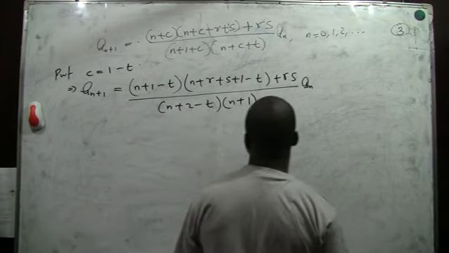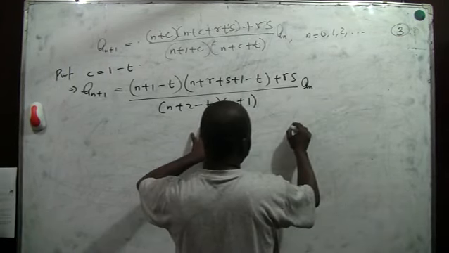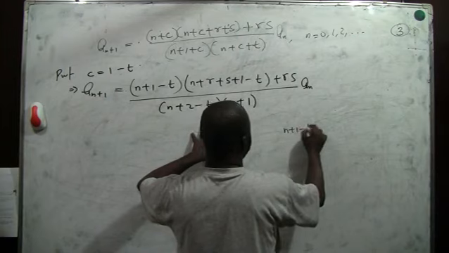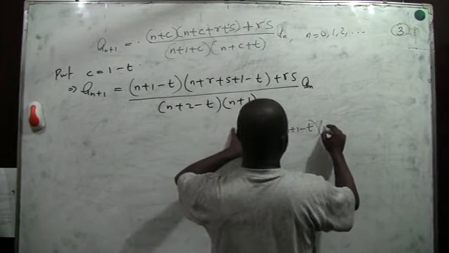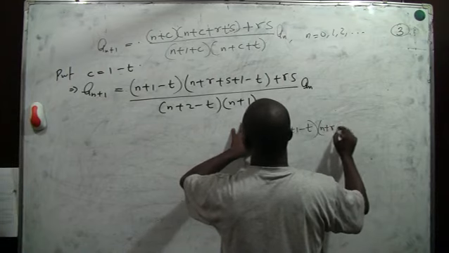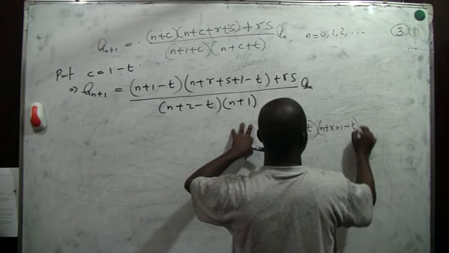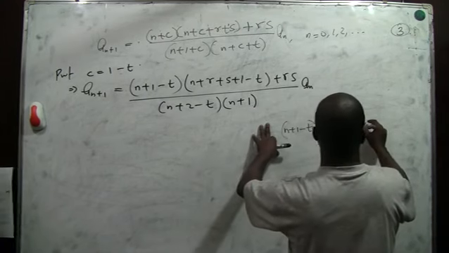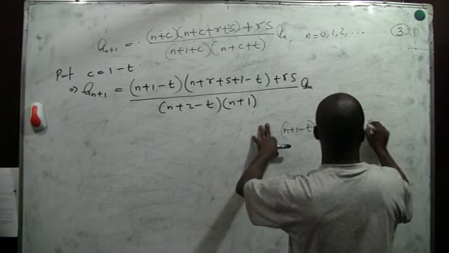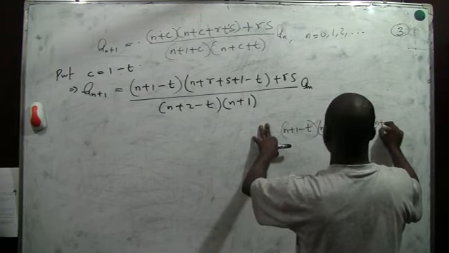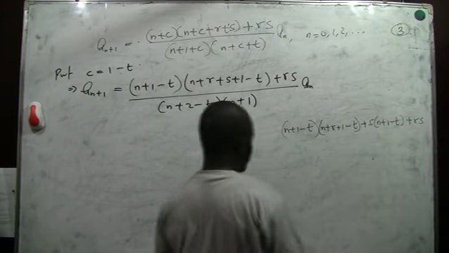The first time we used r, so let me take s here. n plus 1 minus t into n plus r plus 1 minus t, plus s into n plus r plus 1 minus t, plus rs.